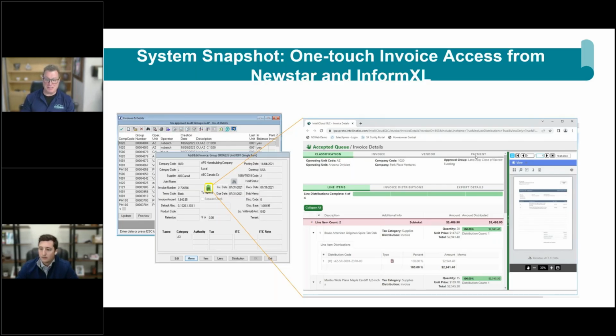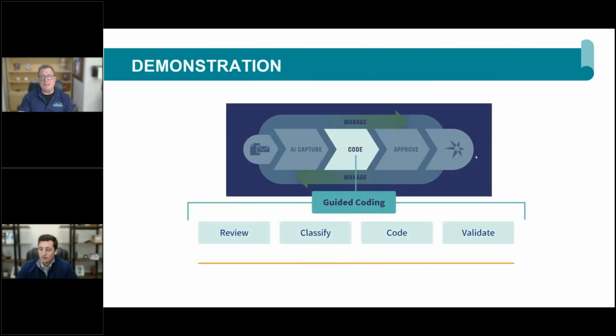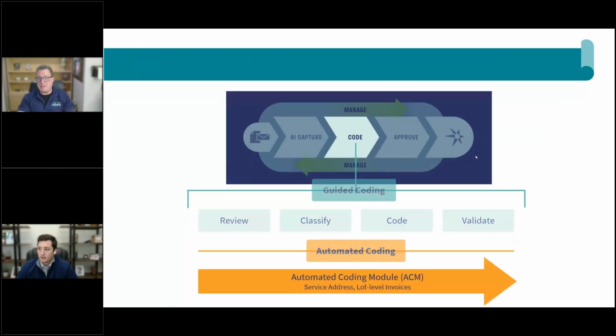So we just saw, back to our model here, what we call guided coding. Essentially, the next step is taking all of these capabilities and learning your business policy. And this is where, again, Randall, a lot of credit is due.